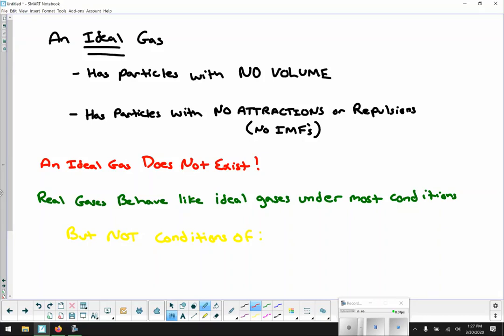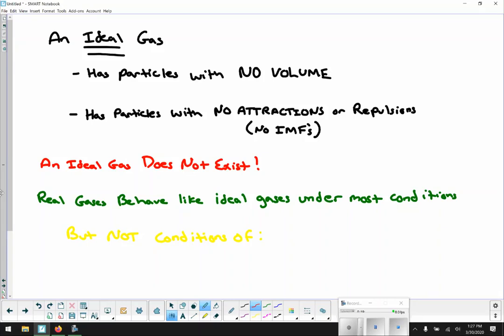It just doesn't matter. Also, if the particles are that far apart and they're moving quickly because they're gases, the attractions and repulsions, while they exist, are negligible. Technically, they happen a little bit, or they're theoretically there, but they don't affect anything. They're just too weak to overcome the kinetic energy of the gas particles.